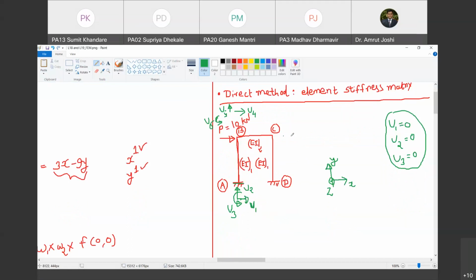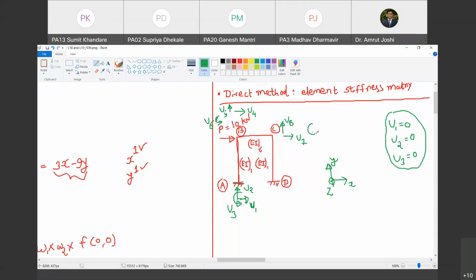Then at C, U7, U8. So U7 and U8 are translational degrees of freedom. U7 and U8 are X directional and Y directional translations at point number C respectively. Are you with me? Yes, sir.